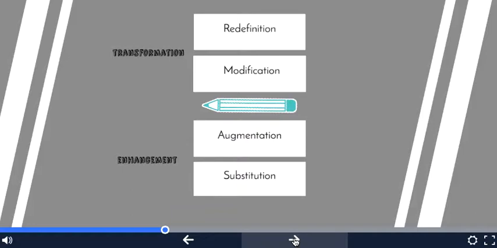And redefinition would be sharing notebooks and collaborating using Evernote. So you can see how it gradually becomes more and more. The ultimate goal for the SAMR model is transformation. It's a total redefinition, using this technology to totally transform how you view technology and view teaching.